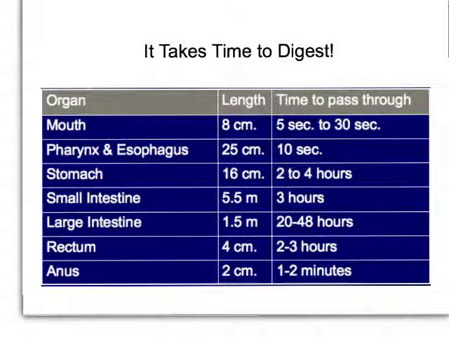Here's just an interesting picture of the time it takes for food to digest in a human digestive system. In the mouth, food's usually there between 5 to 30 seconds, depending on how long you choose to chew your food. Then in the pharynx, which is your throat, and the esophagus, which is the tube that connects the mouth to the stomach, it takes about 10 seconds for food to pass down.